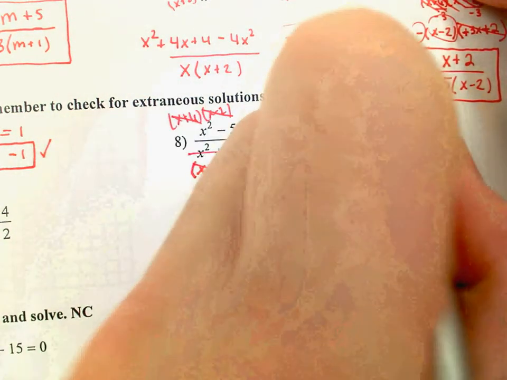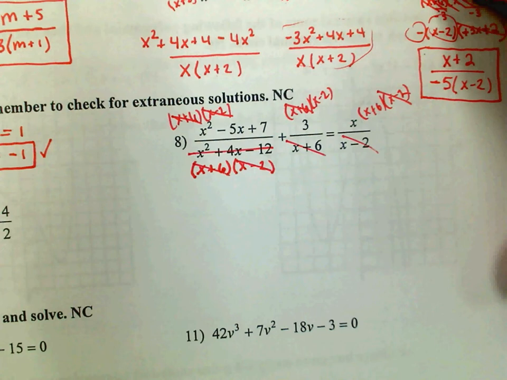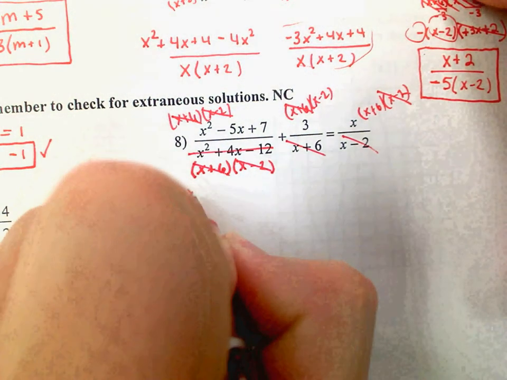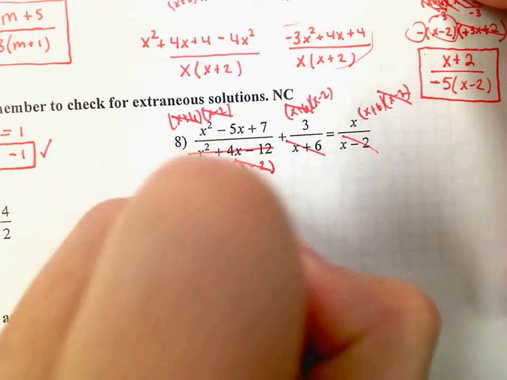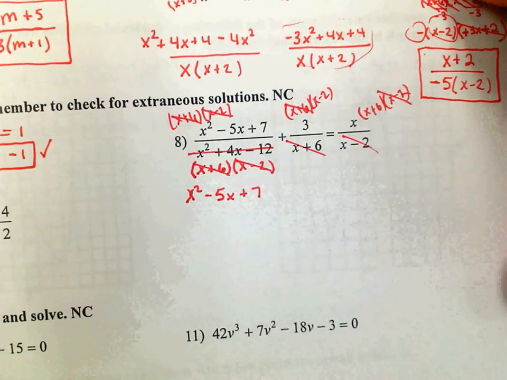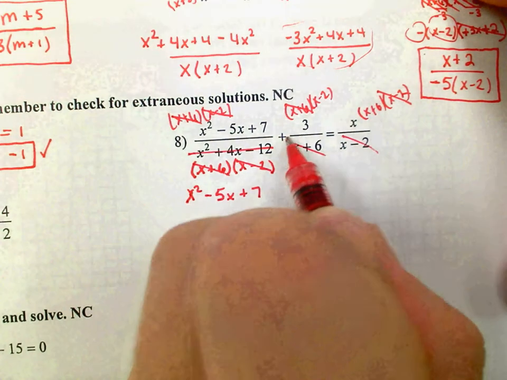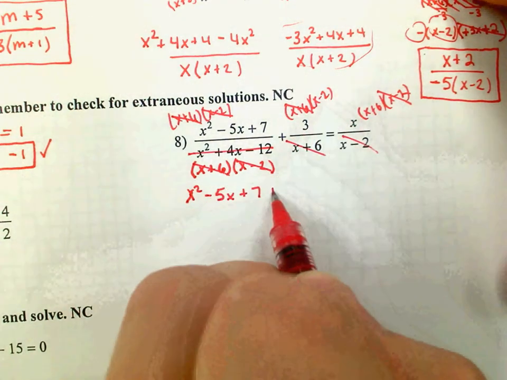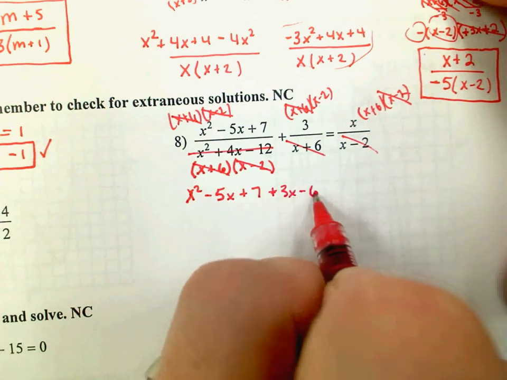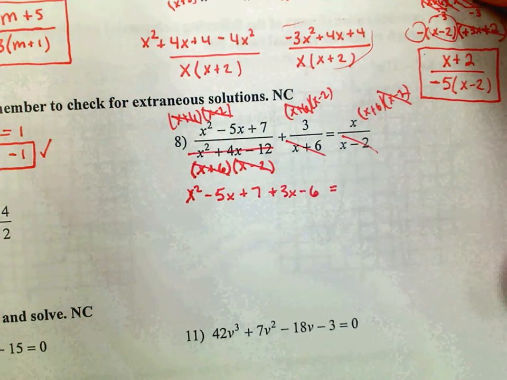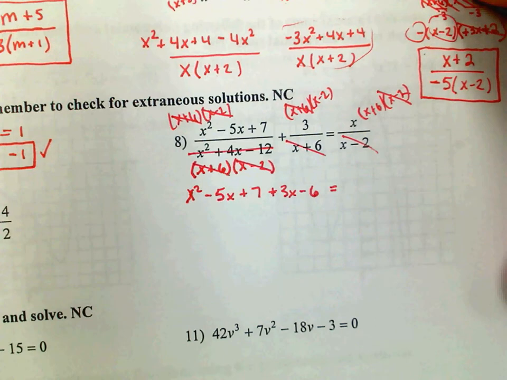On the far left, we're left with x squared minus 5x plus 7. In the middle, we're left with a positive 3 times x minus 2. So if I distribute that, 3 times x minus 3 times 2. And on the far right, we're left with an x times an x plus 6. That would be x squared plus 6x.